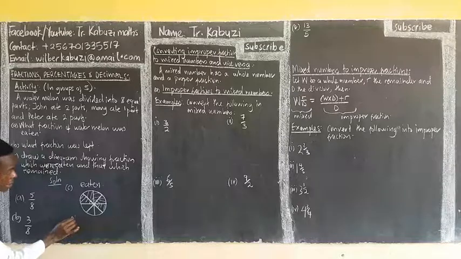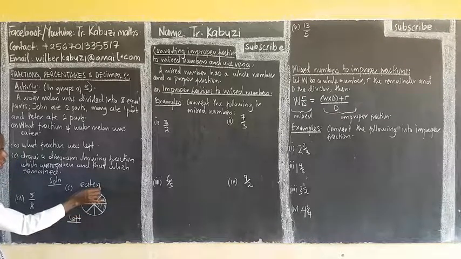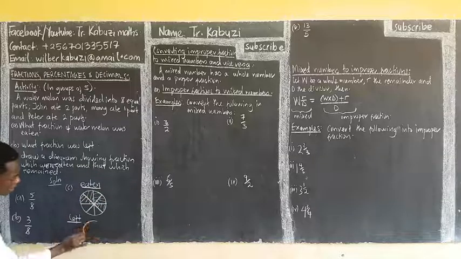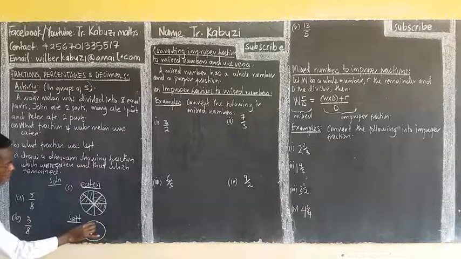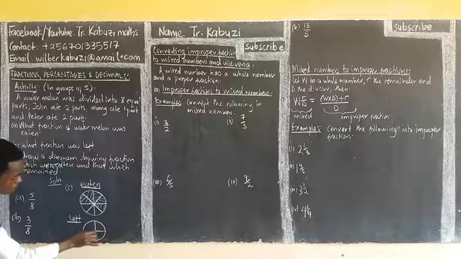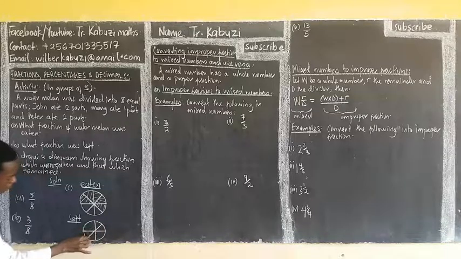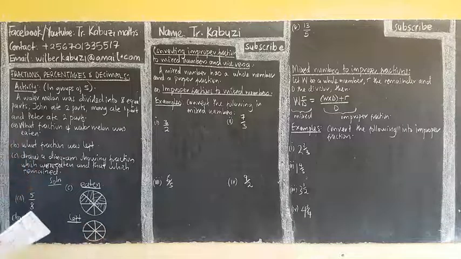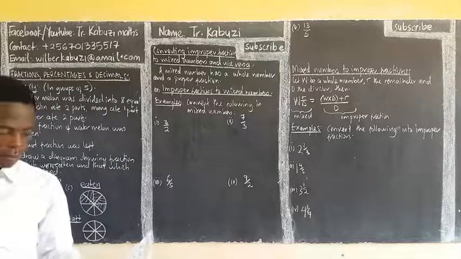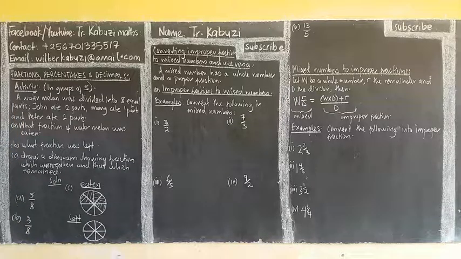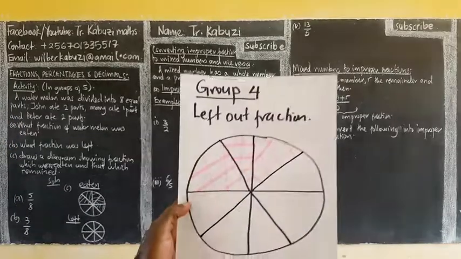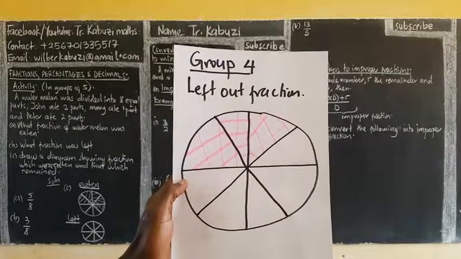Then the one which was left, here we are going to use group 4. I think you see how they show the fraction left out.